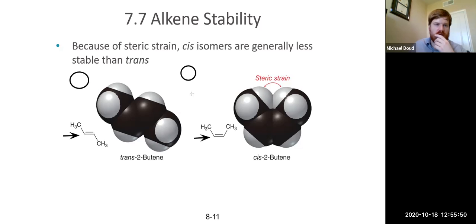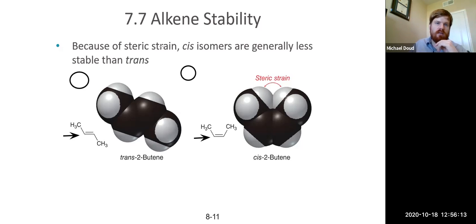So this is going to be for the trans, and this is going to be for the cis. Now, if you build your model for this, which I recommend you do, one thing you'll notice is with your double bonds, it's going to constrain it so that these are all in the same plane. And what that means is your configuration looks eclipsed when you look at it through a Newman projection.